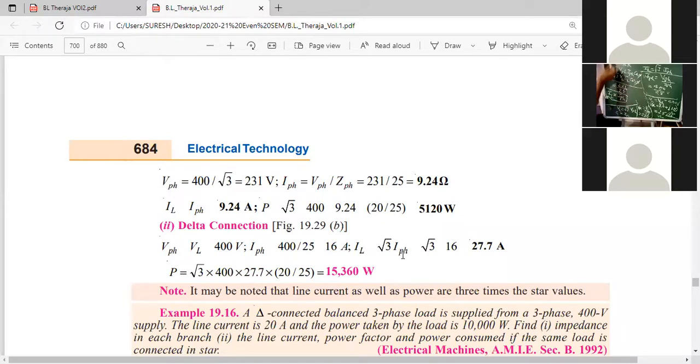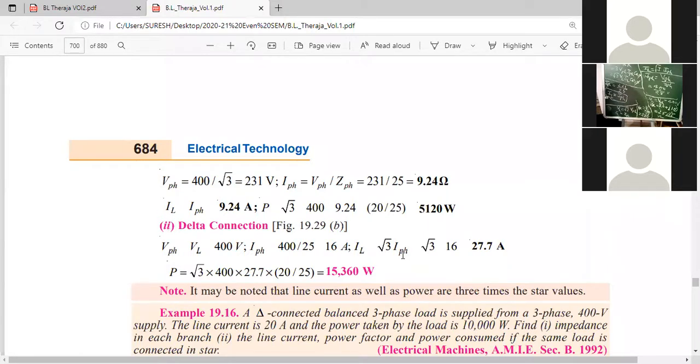The same formula can be applied for delta connection also. That's all about this problem. You can do it at home. I'm giving this as the assignment. But since you will be getting confused between the phase currents, I have explained this. In star connection, VL is equal to root 3 into V phase, but in delta connection, VL is equal to V phase.